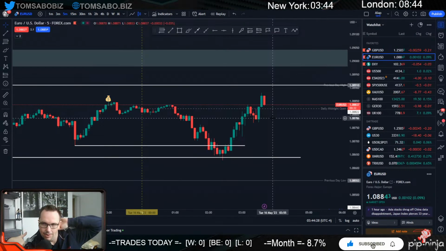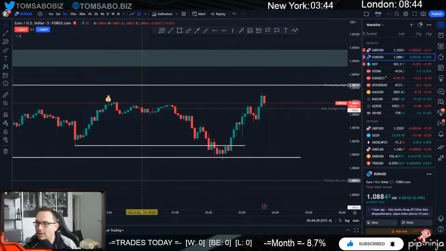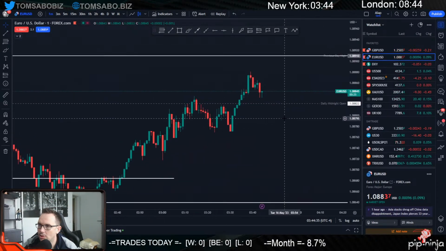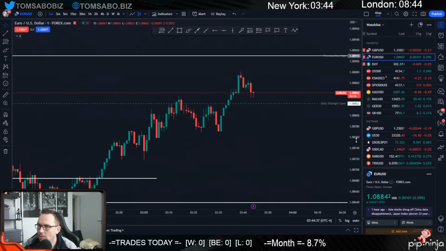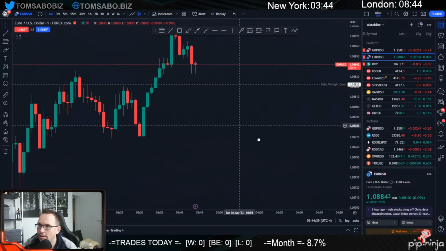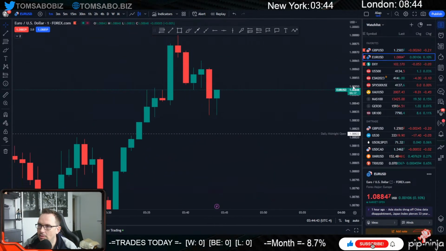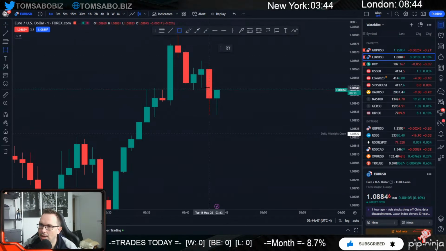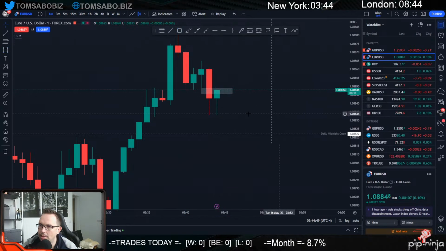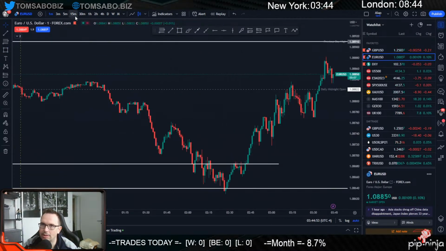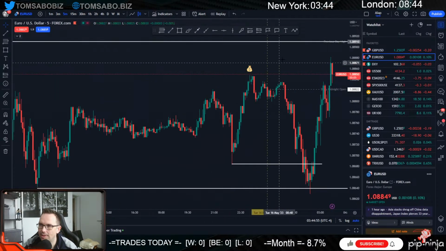So I'm waiting for a classic entry, maybe on the 1 minute. No structure break on the 1 minute. Actually, almost. If this candle would have stayed here, then we could have a fair value gap here, but it closed back. So no bearish entry on the 1 minute. There you go.